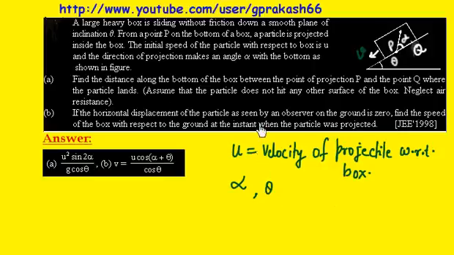Find the distance along the bottom of the box between the point of projection P and point Q where the particle lands. So we have to find the distance between the point of projection and the point of landing, and assume that the box is sufficiently large and you have to neglect the resistance.